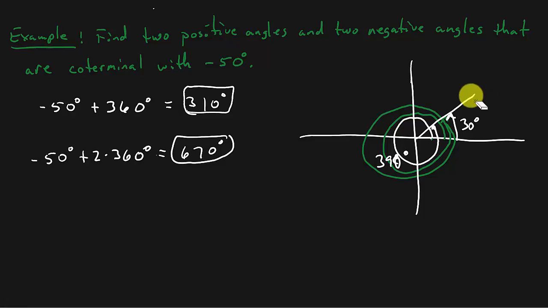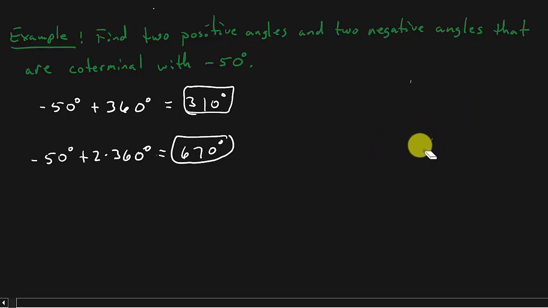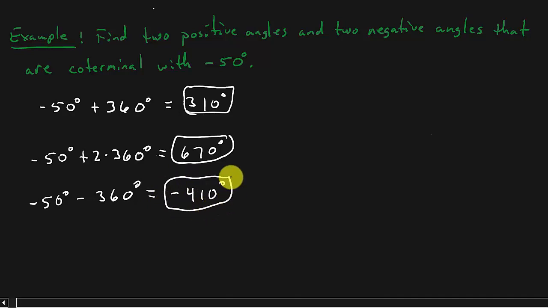Now let's find the two negative angles. If I take negative 50 degrees, I can subtract 360 degrees. If I subtract 360, that's going to give me negative 410 degrees. So that angle's coterminal to negative 50.